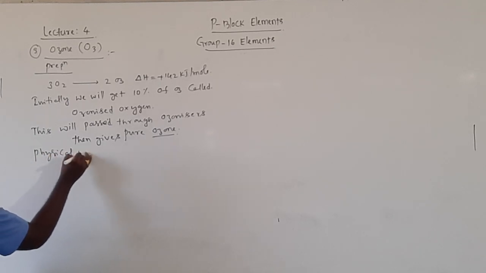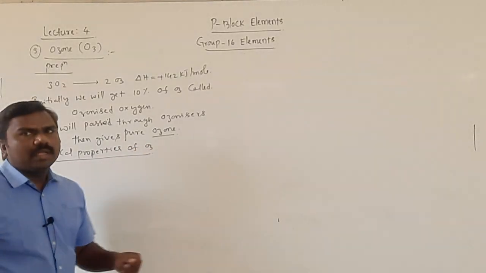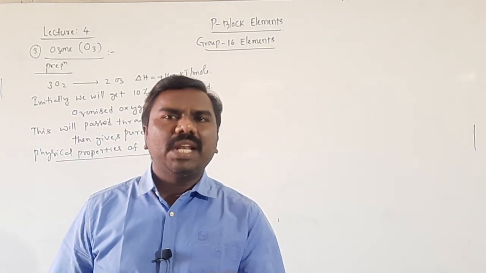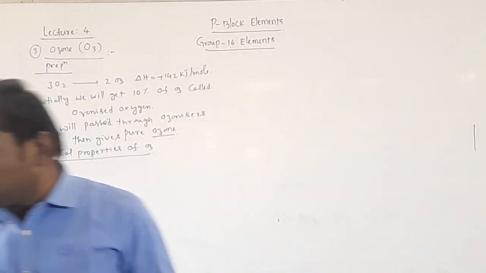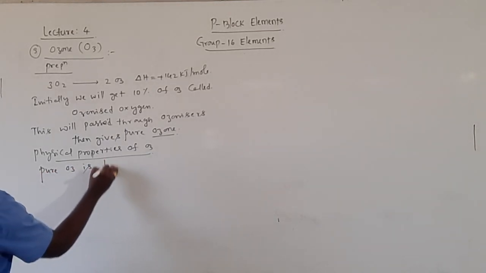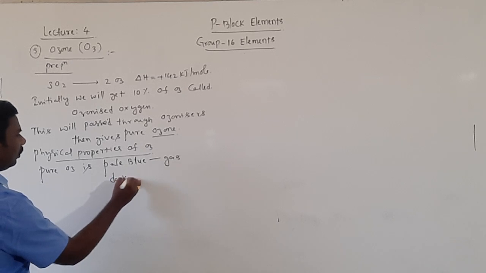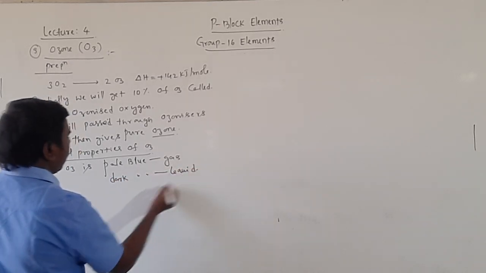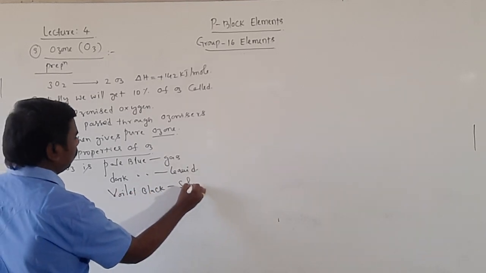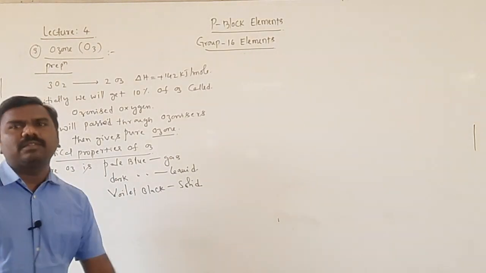Pure ozone can exist in 3 forms: a pale blue color gas, a dark blue color liquid, and a violet black color solid.